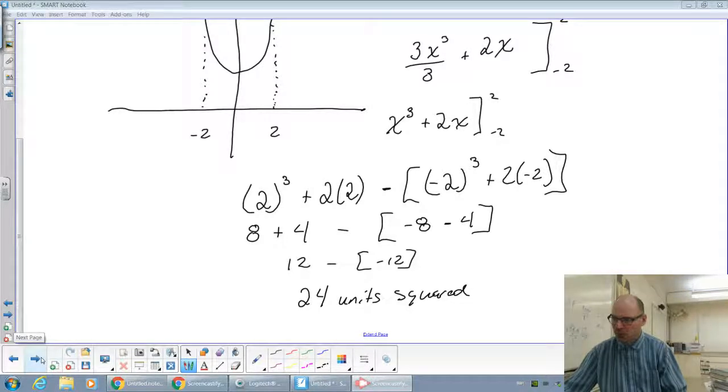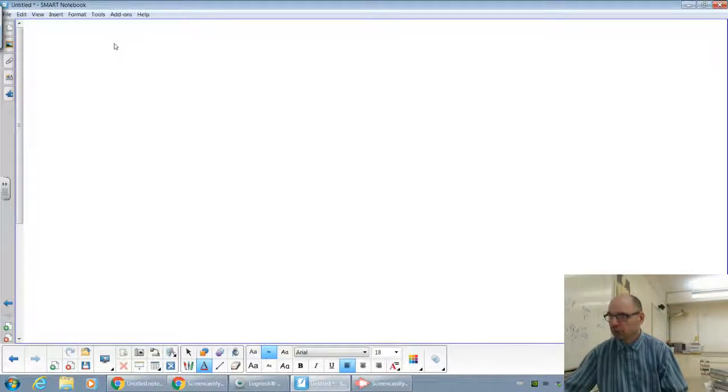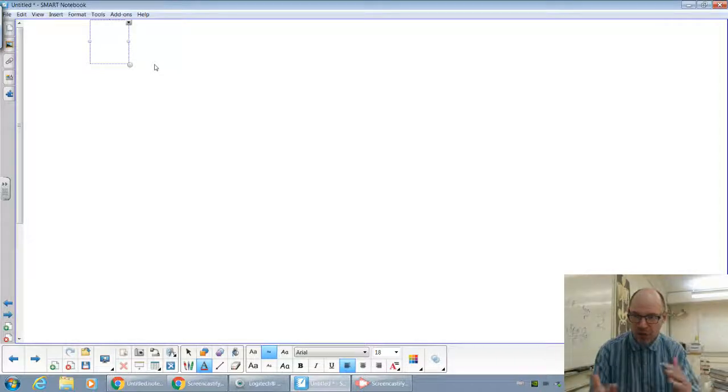Okay, so this one we're going to do area between 2 curves and 2 vertical lines. So we're going to combine the 2 that we just did.